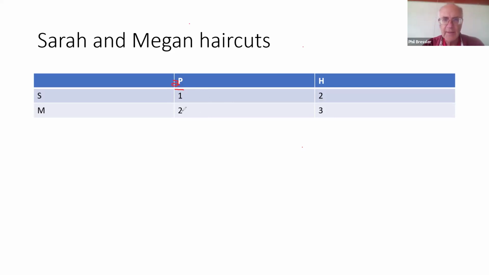And then for Megan, the other is haircut. That's 3/2. I always want the smaller number. 1.5 is smaller than 2. Megan in perms, Sarah in haircuts. Any questions on that one?